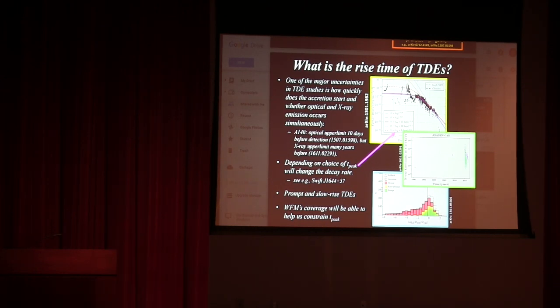You don't see anything and then suddenly you see something. But STROBE-X, with its monitoring ability and constraints over a large fraction of the sky, should be able to help us determine whether everything is always prompt, where you see nothing and then suddenly it increases, or whether you slowly see an increase in X-ray luminosity that is indicative of some increasing accretion process.